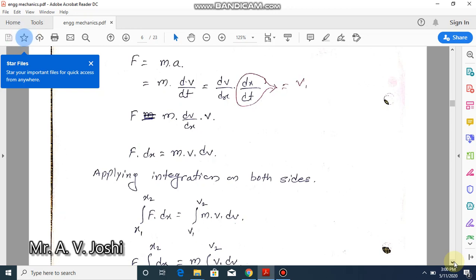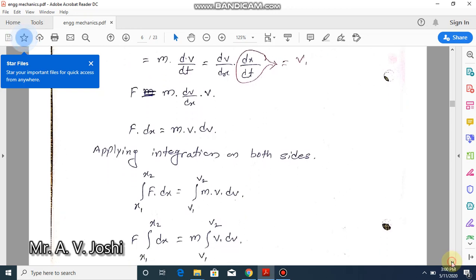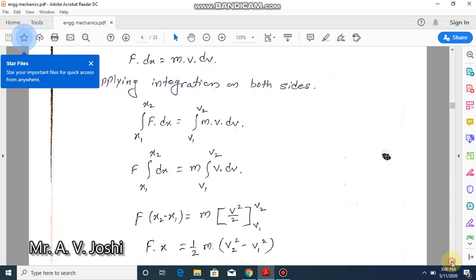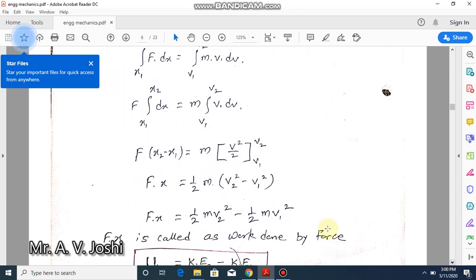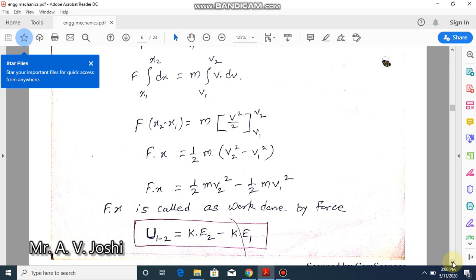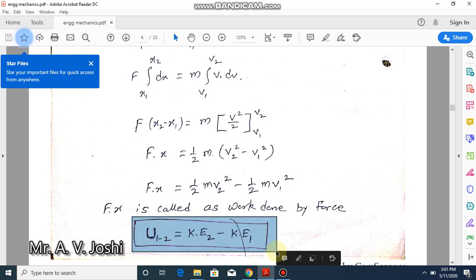By finding this integration and moving forward using this relation, we come directly to the work done by the force, which equals the final kinetic energy KE2 minus the initial kinetic energy KE1.